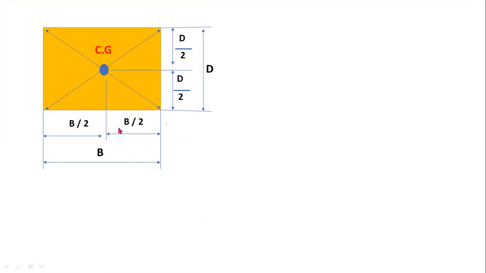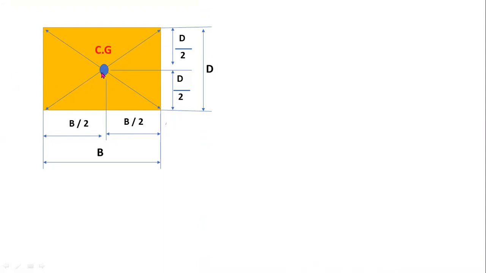This is a simple example for the centroid or center of gravity of a rectangular or square lamina. The center of gravity of a rectangle or parallelogram is at the point where its diagonals meet each other. These are the two diagonals.